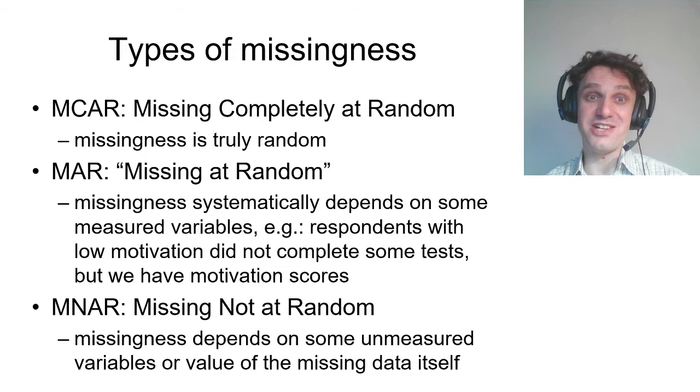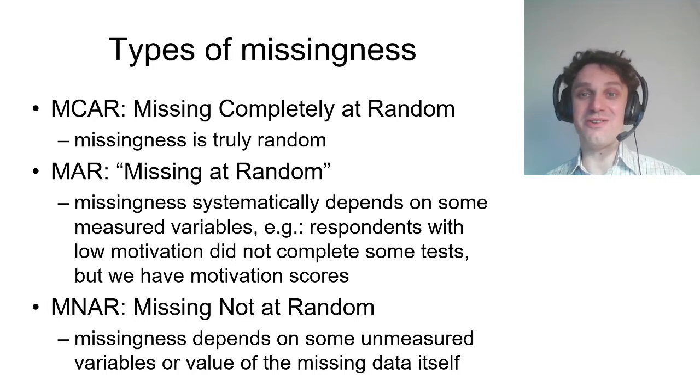Another situation when the data are missing completely at random are so-called planned missing designs, when your questionnaire is extremely long and you know that participants are not going to be able to complete it fully. So then you randomly mix the sequence of questionnaires in your test battery.